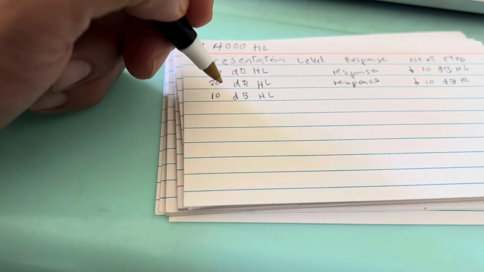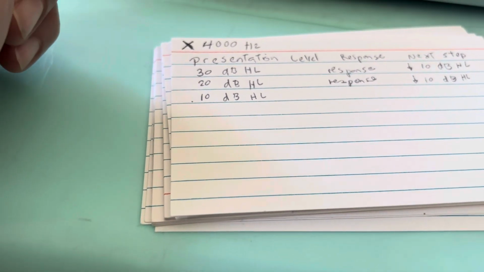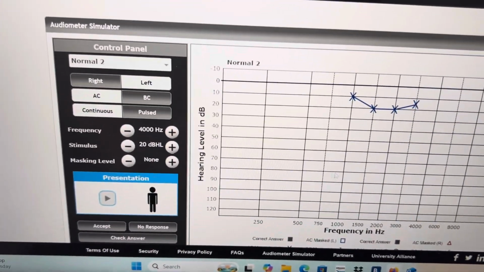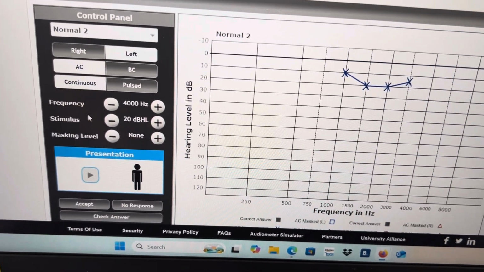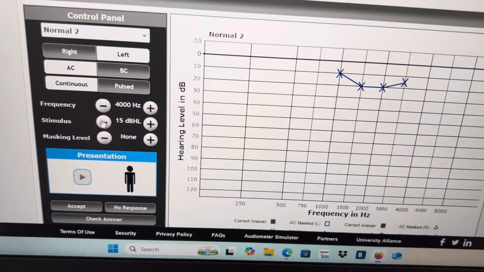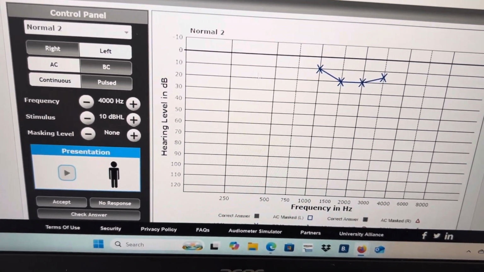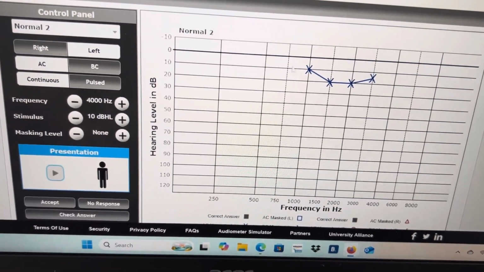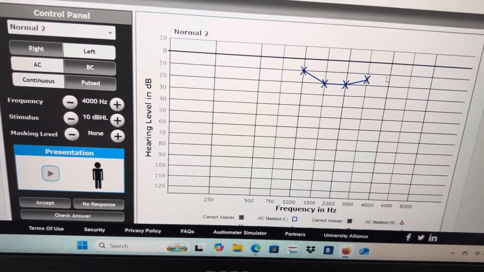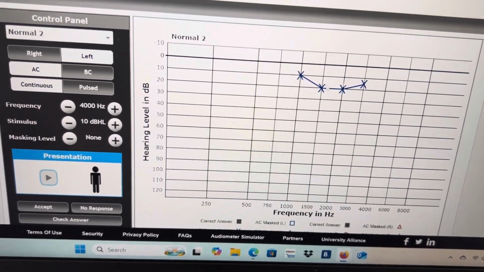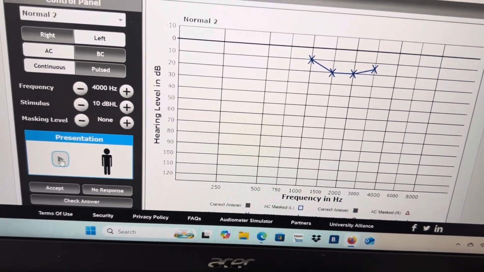So now we're going to try for this 10 decibel hearing level, and again we come to the simulator and put it down to 10 decibels. We're going to try for this point right here, 4,000 hertz at 10 decibel hearing level. Let's see if this person can hear that.